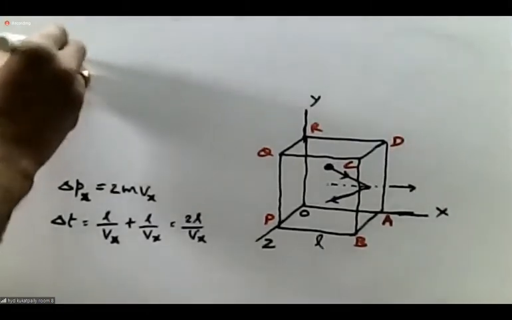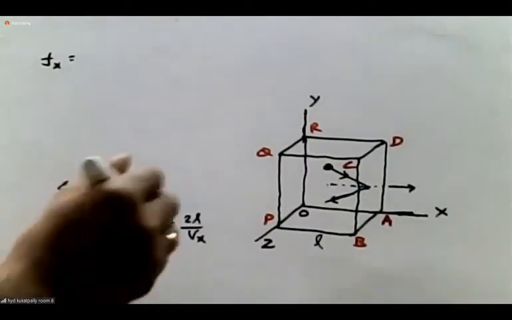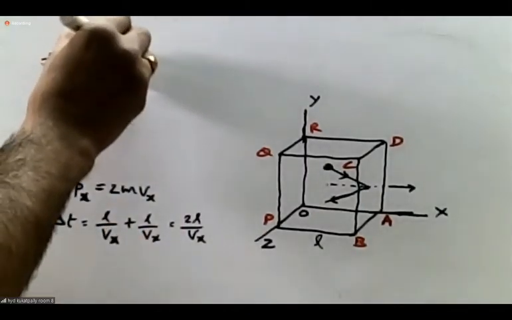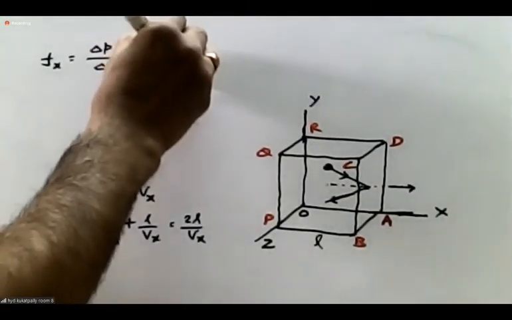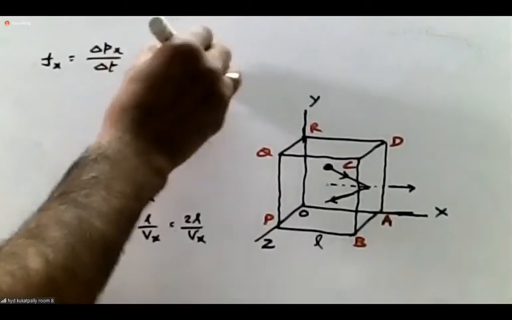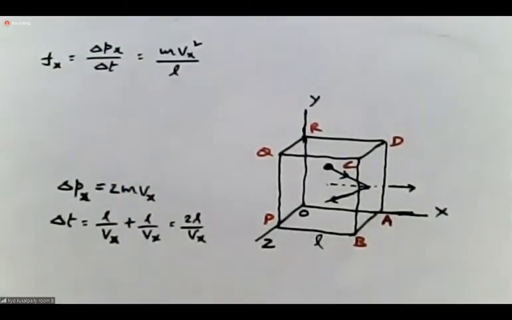So Fx, the force exerted by the molecule on ABCD, is equal to delta Px by delta T. This will be mvx square by L.